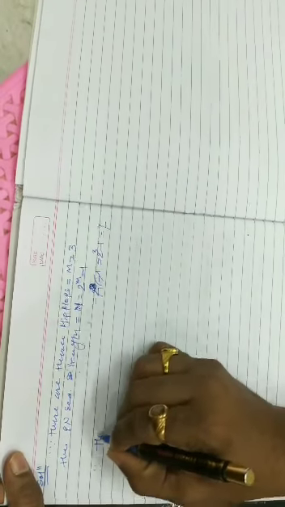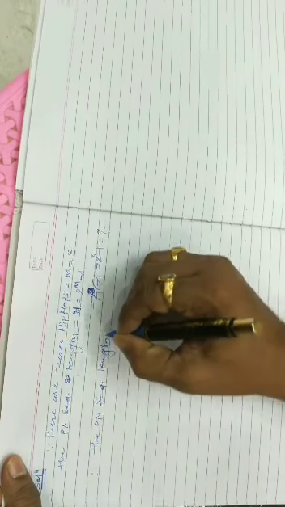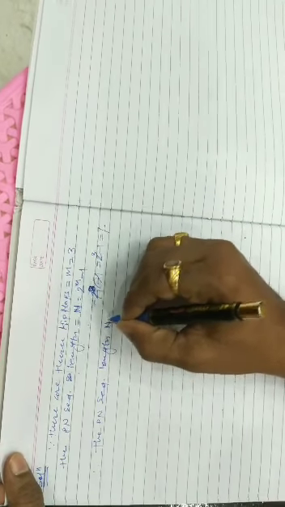Therefore, the PN sequence length N is given as 7.